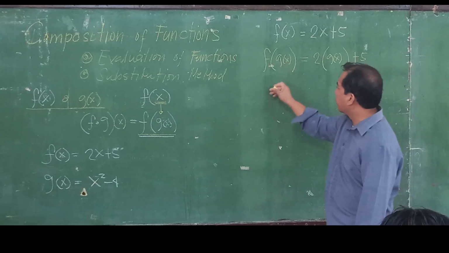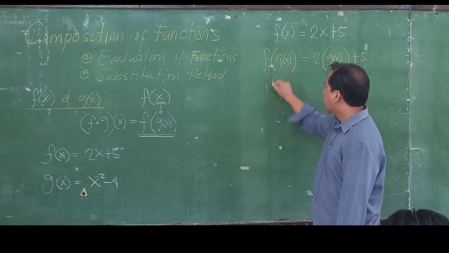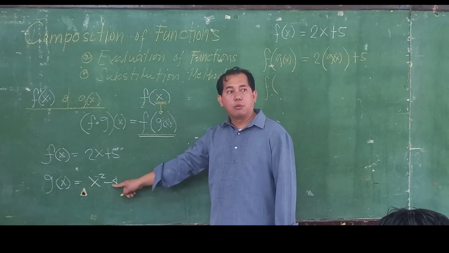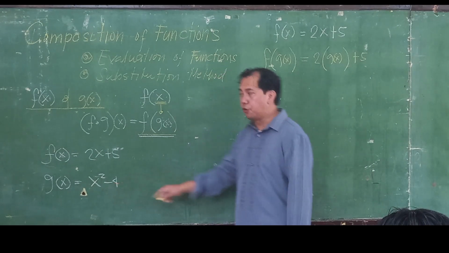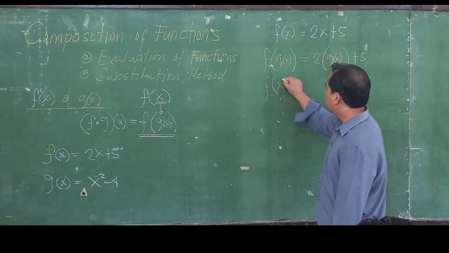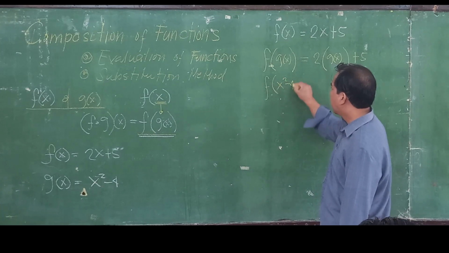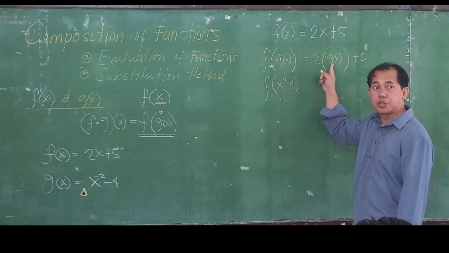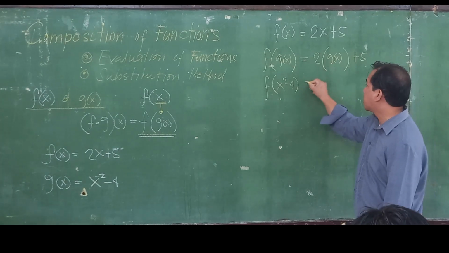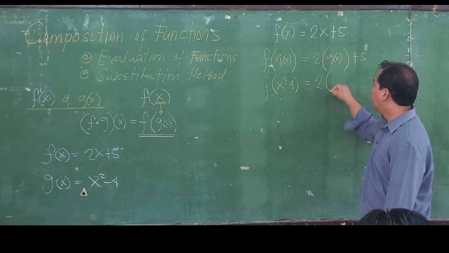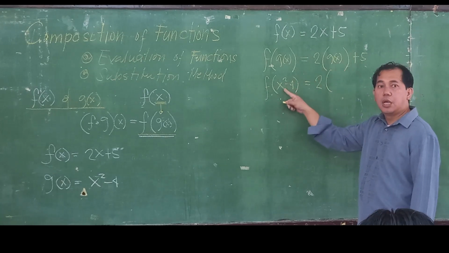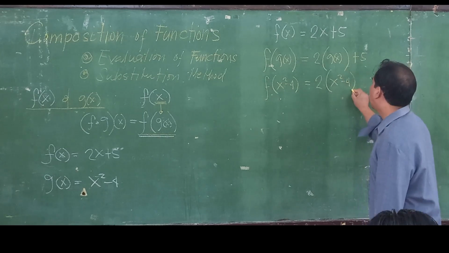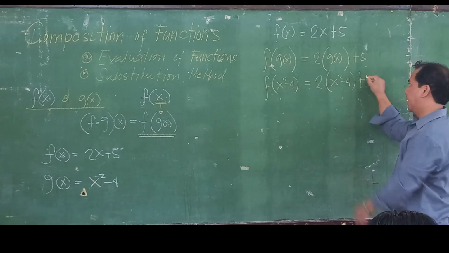What is the definition? We write it down. The definition is x raised to 2 minus 4. We change it. We will also change this one, substitute. So that is the same as 2 multiplied by g of x, x raised to 2 minus 4, plus 5.